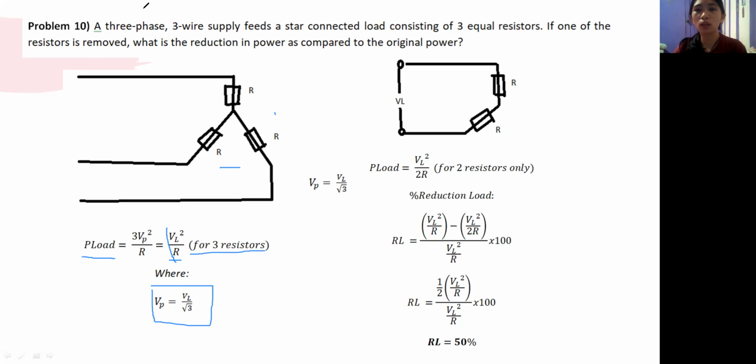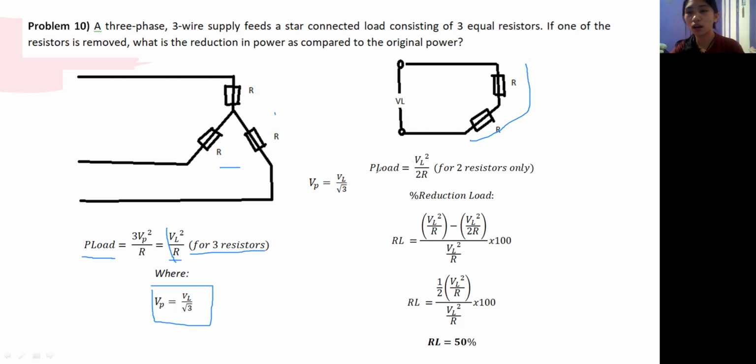We are given the condition that if one of the resistors is removed, what would be the reduction in power as compared to the original one? So we remove one resistor, and we are left with this. This is what the circuit would look like if we remove the one resistor.